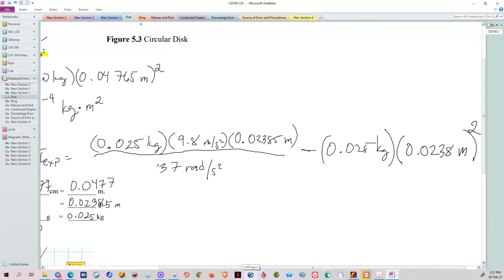1.57, 1.4, 1.58. So you have similar answers. So what is your answer finally? Let's calculate by calculator. 0.025 multiply 9.8 multiply 0.02385 over 37, that's the slope, minus quantity 0.025 multiply 0.02385 squared.